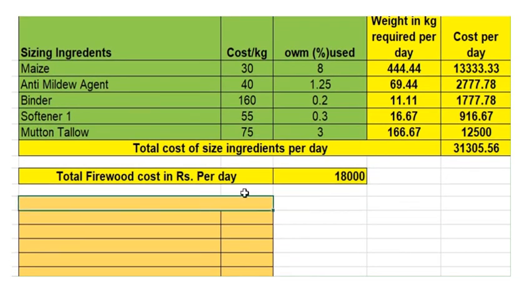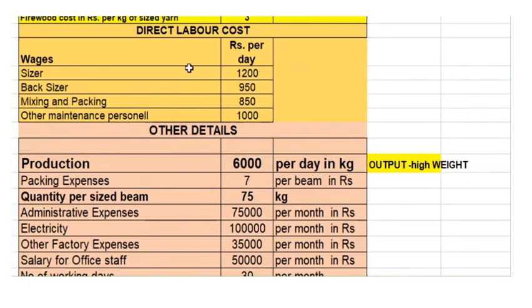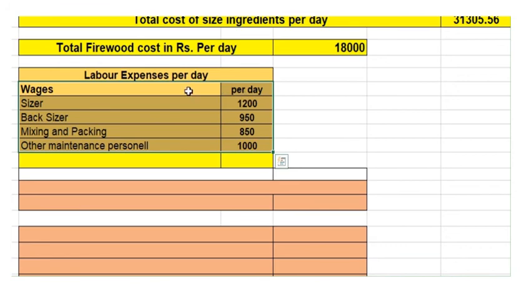Next we go into the labor cost calculations, labor expenses. It is already directly given, all per day, so this is copied and pasted here directly. We just need to calculate the total labor cost per day, which is the sum of all these values.